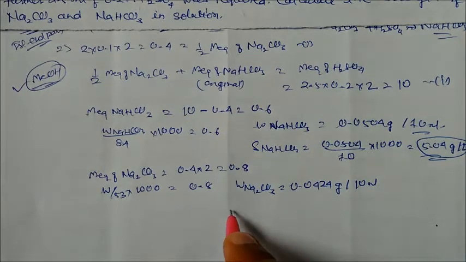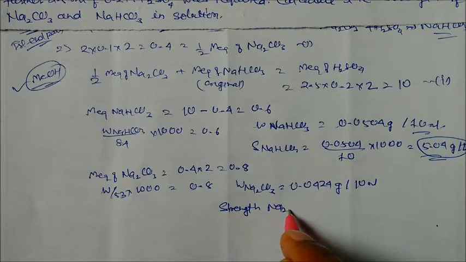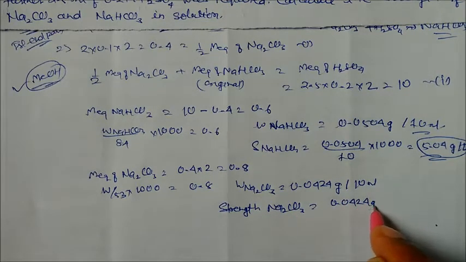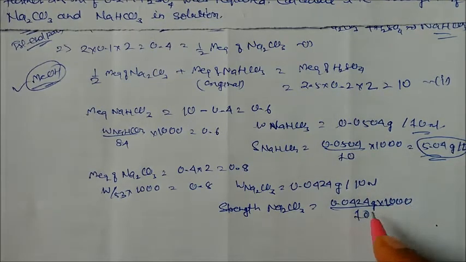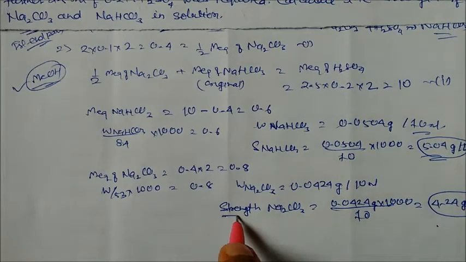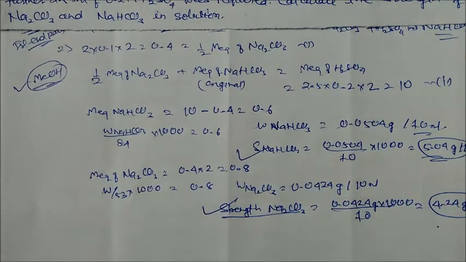So the strength of sodium carbonate will be 0.0424 gram into 1000 divided by 10, so here the strength will be 4.24 gram per liter. This is the strength of the sodium carbonate, and this is the strength of the sodium bicarbonate. So this is our answer.